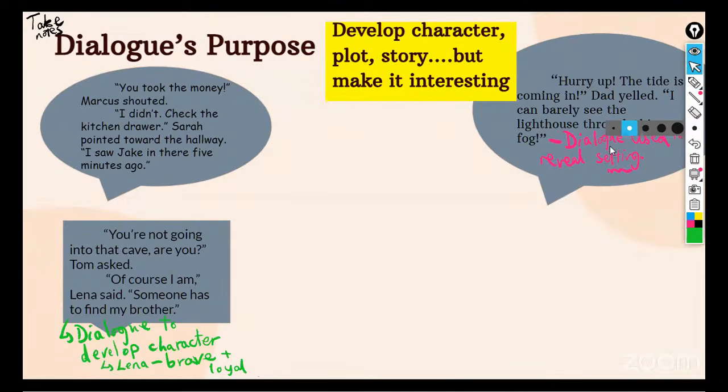Accusations of theft, yes. So that is there. But what element of the story is it? Is it creating tension and suspense? Yes. Okay, so we know from it that money is missing. And who does it seem like stole the money? They're trying to figure out who stole the money, right?